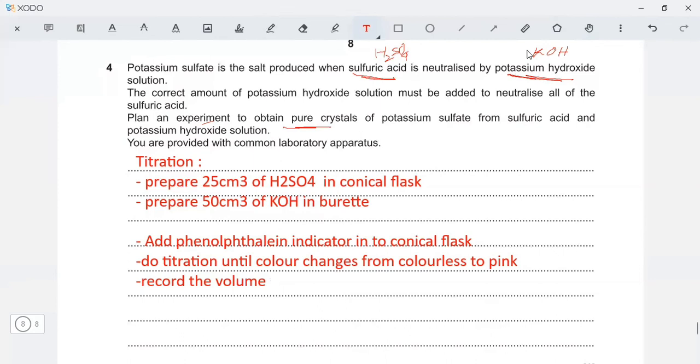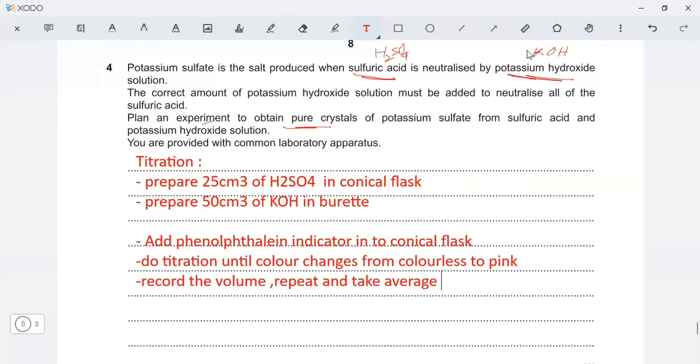Okay, so just repeat it. Repeat and take the average. Okay, so after getting the endpoint, you just record the volume of how much potassium hydroxide you have added into the acid and where it's neutralized.